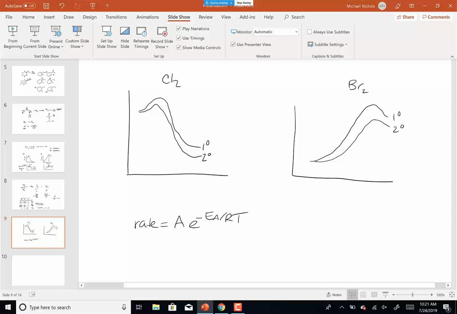But let's talk about birds and hikers and mountains. So, what gives the molecules the ability to go over the activation energy barrier and form the product? It's thermal energy.